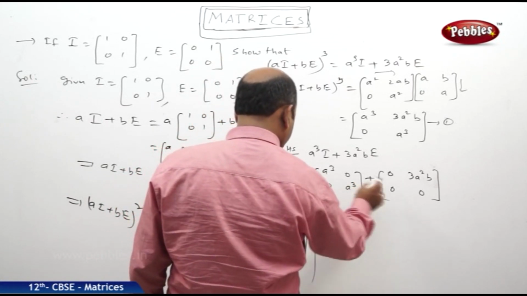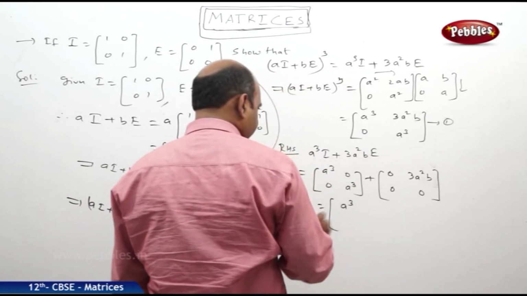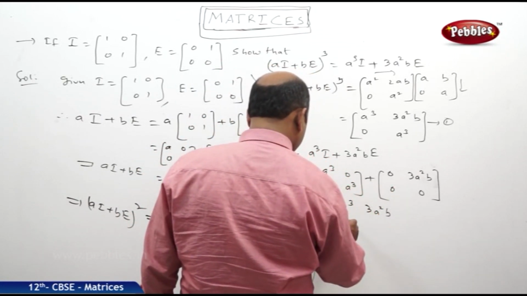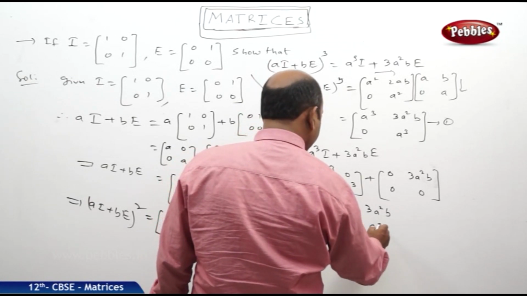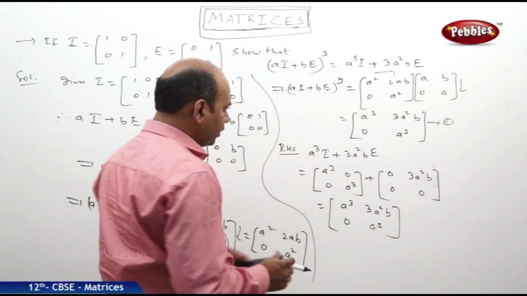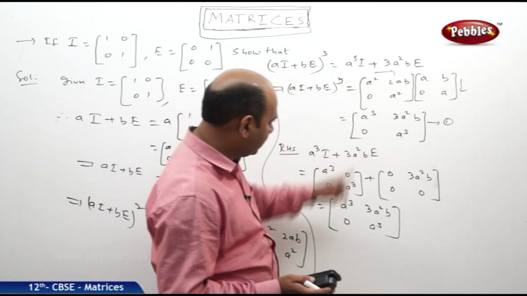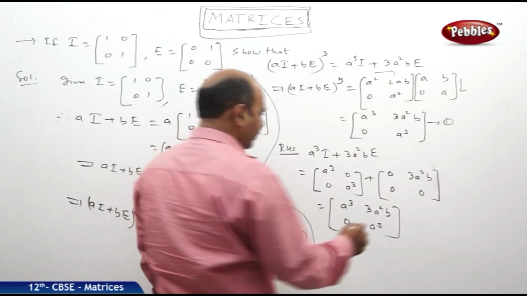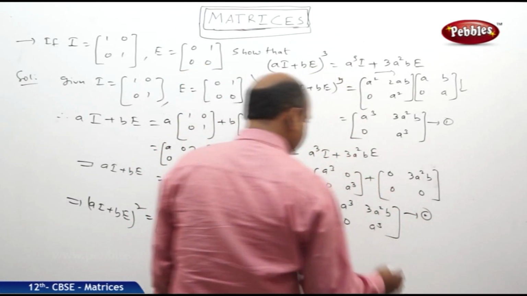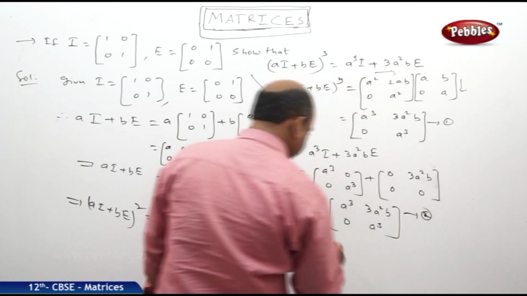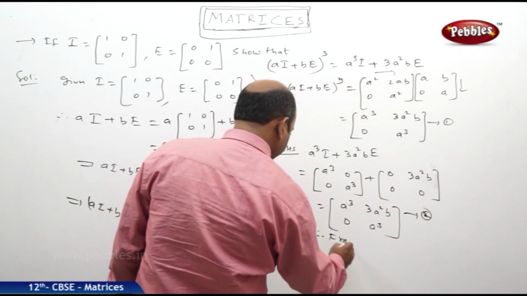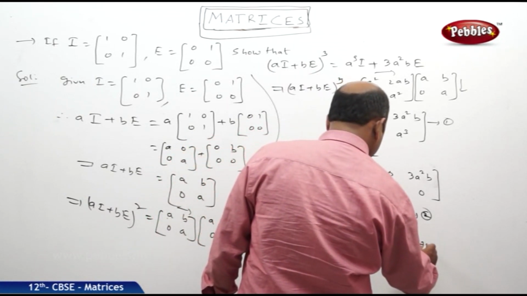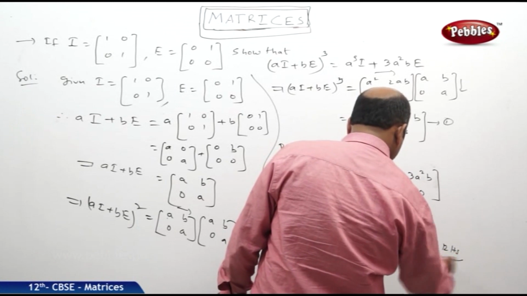So we get [A cube 3A square B; 0 A cube]. If you observe carefully, the resulting equation 1 is [A cube 3A square B; 0 A cube]. So this I will call 2. Therefore from 1 and 2, LHS will be equal to RHS.